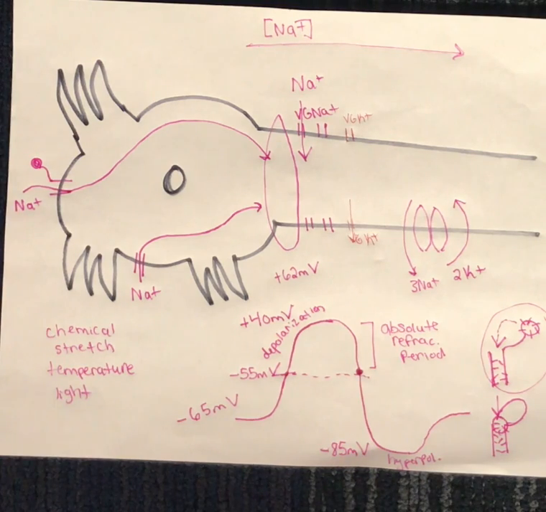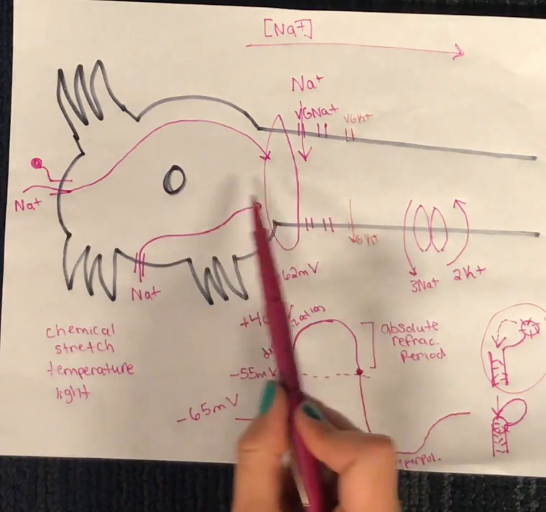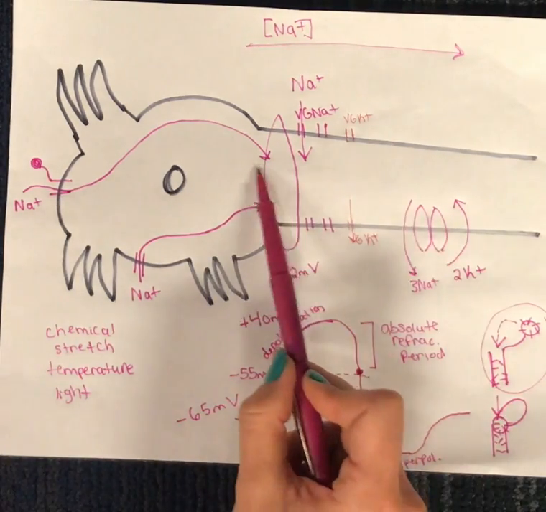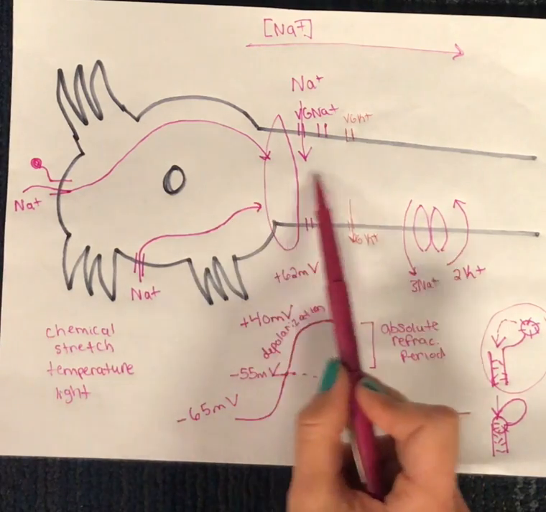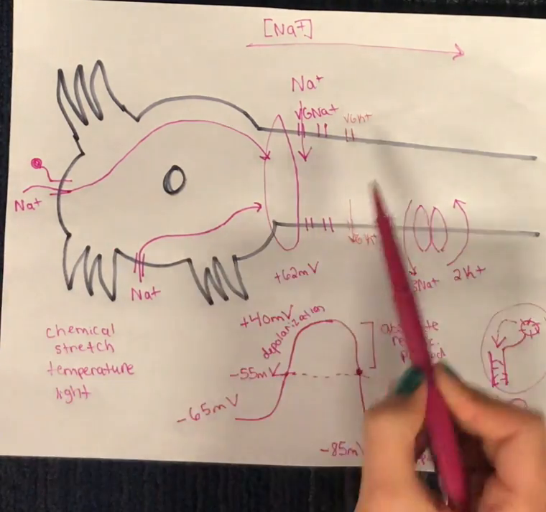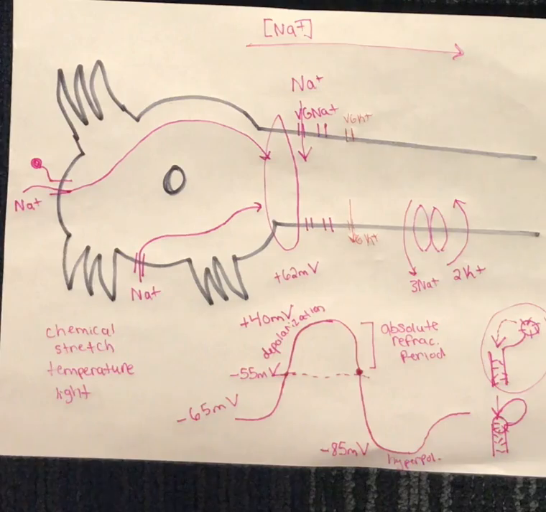Minimal leakage is what keeps us above threshold so that we can maintain an action potential. If sodium was allowed to leak out through leak channels along this axon, we would no longer be able to fire action potentials as the positive charge would be leaving. So myelin is largely responsible for this, so that ions are forced to move down the cell.